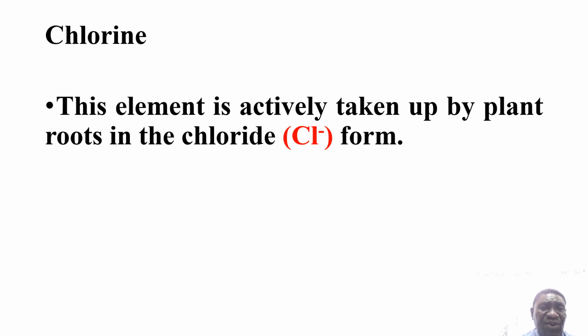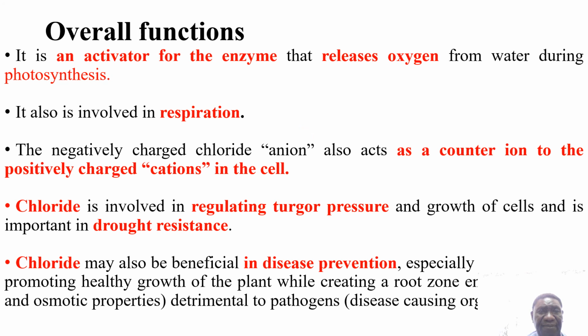Now we're moving on to chlorine. This element is actively taken up by plant roots in chloride form. On the overall functions, chlorine is an activator for an enzyme that releases oxygen from water during photosynthesis.